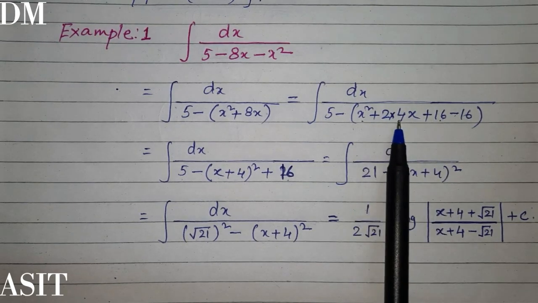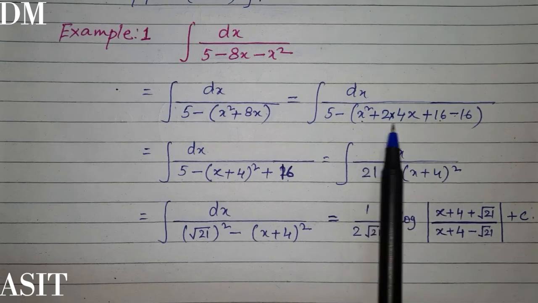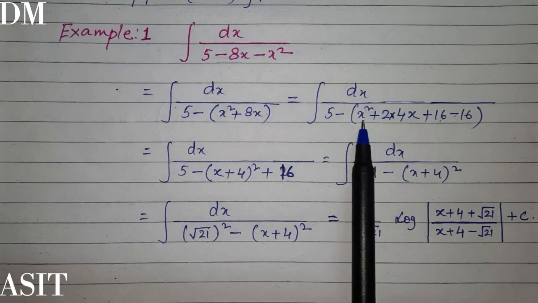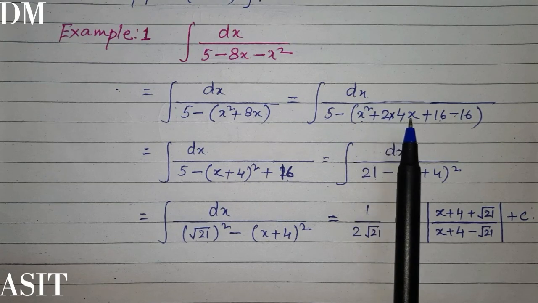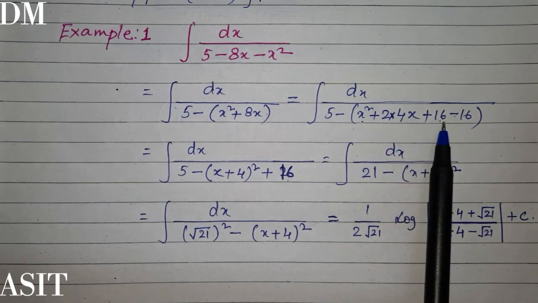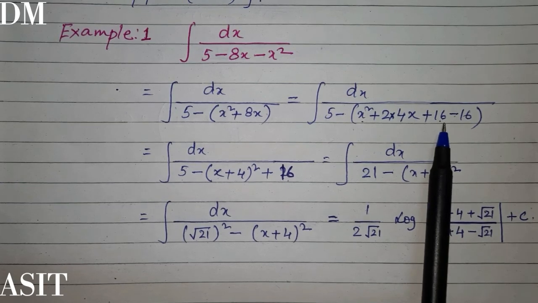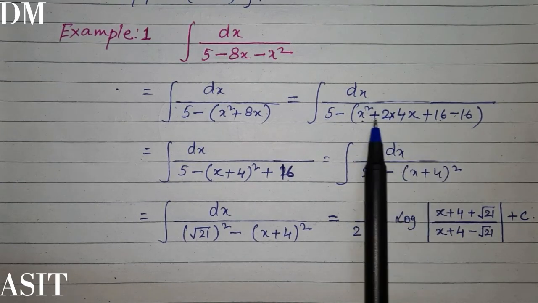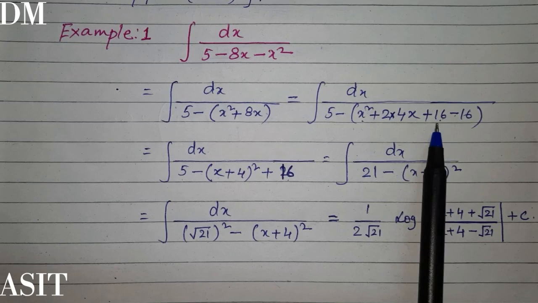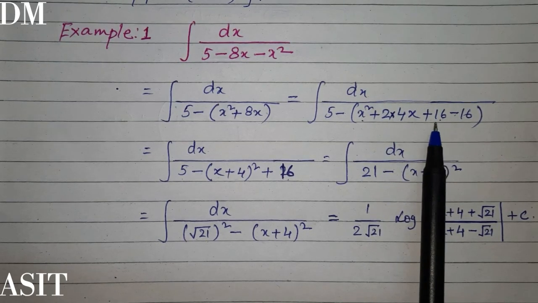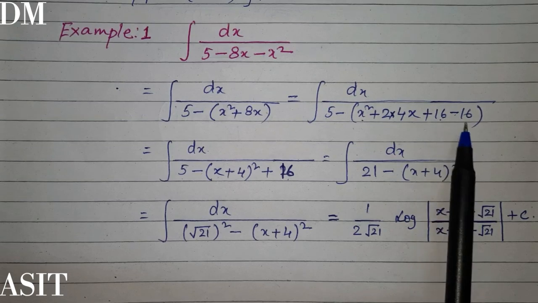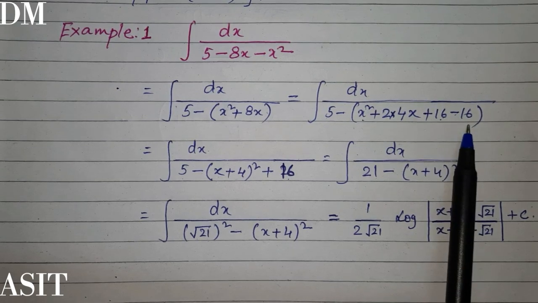It is x square plus 2ax plus a square. So this is how we can add 16 here because there is a 4. Now there is no 16 originally, so we have to adjust this also. That means we have to subtract 16 here.